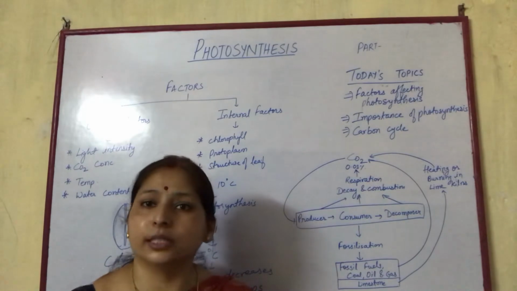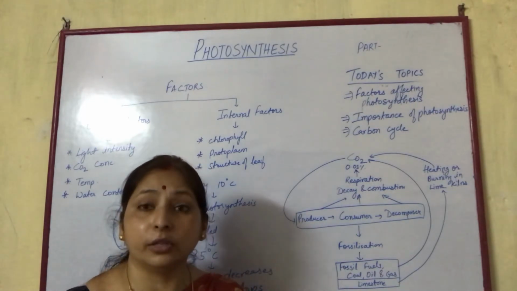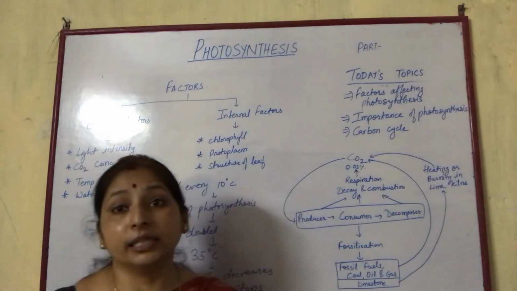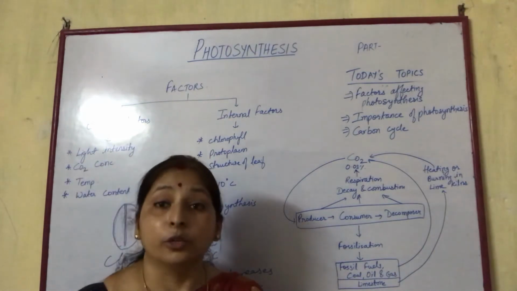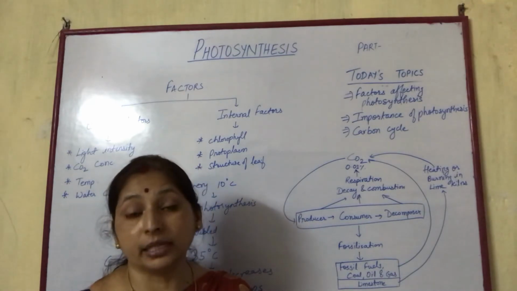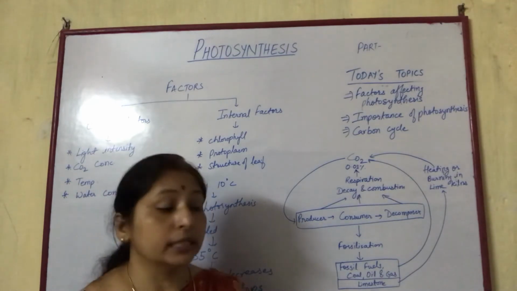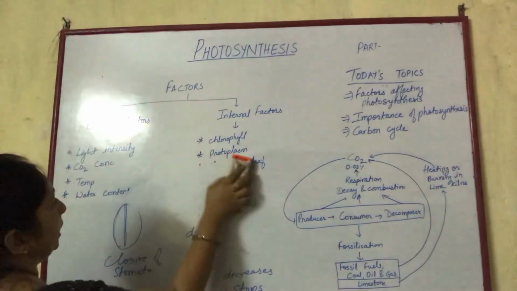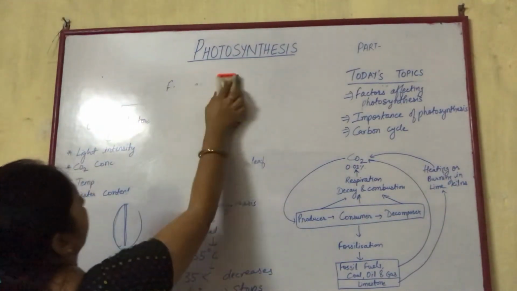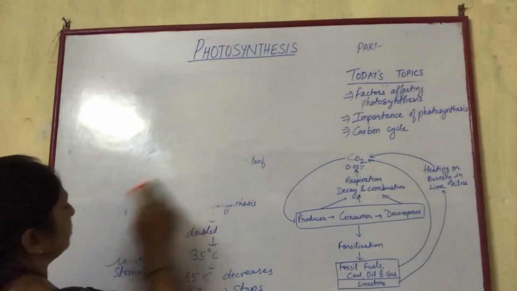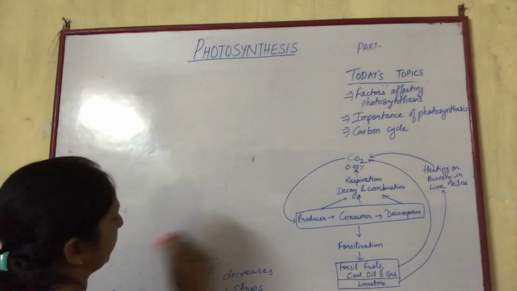Next is the importance of photosynthesis. We have already studied that photosynthesis results in production of glucose. Glucose is utilized to form starch and protein materials. And since in the food chain, grass or the plants are the first trophic level of a food chain.